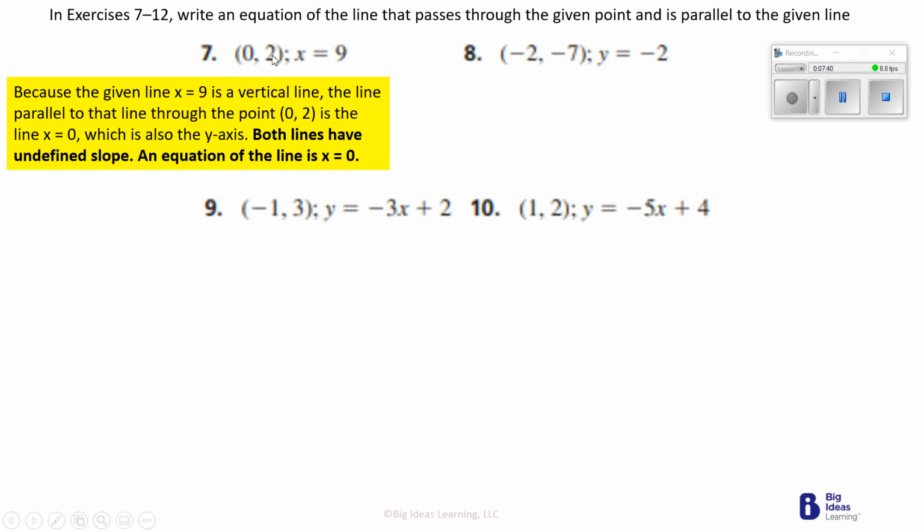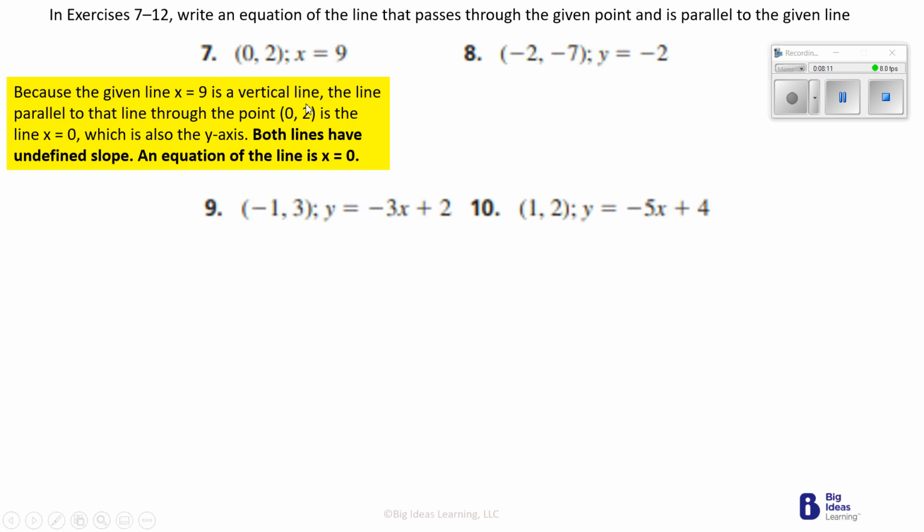And it's parallel to the given line, x equals 9, right? It is a vertical line, and if it goes through 0, 2, that means it has to be parallel to a vertical line going up and down, and since 0 is my x, that means it's going to be going up and down at 0, right? So this would be x equals 0, see?